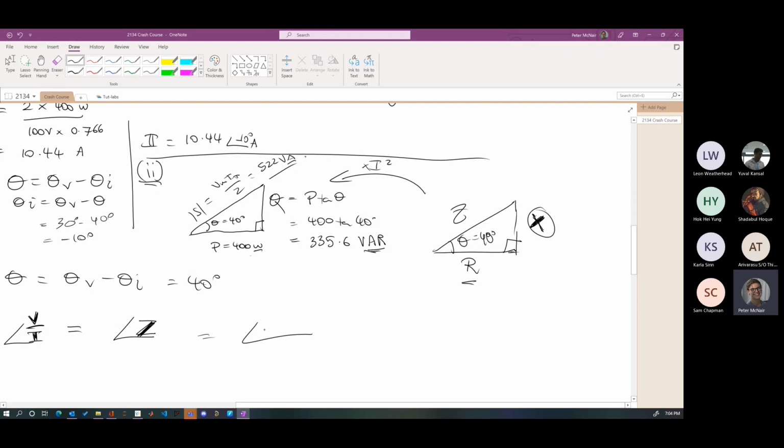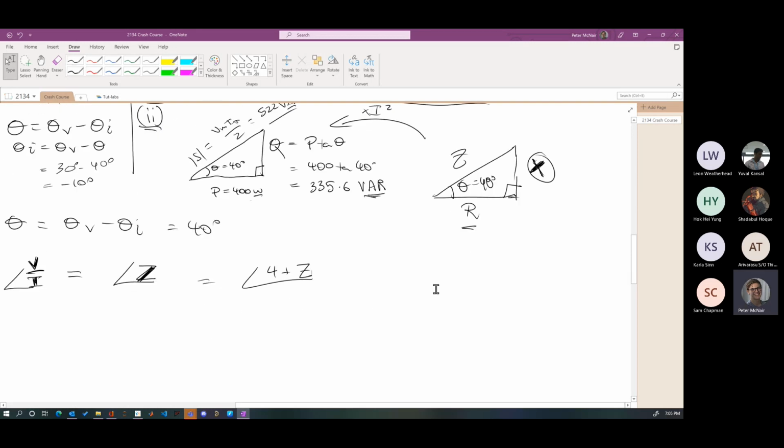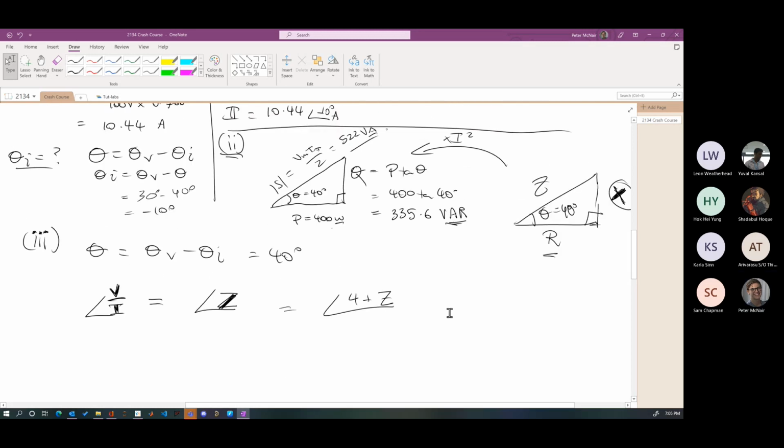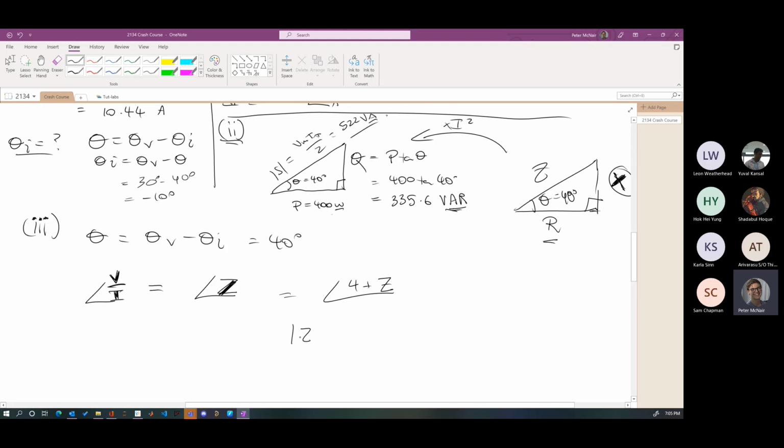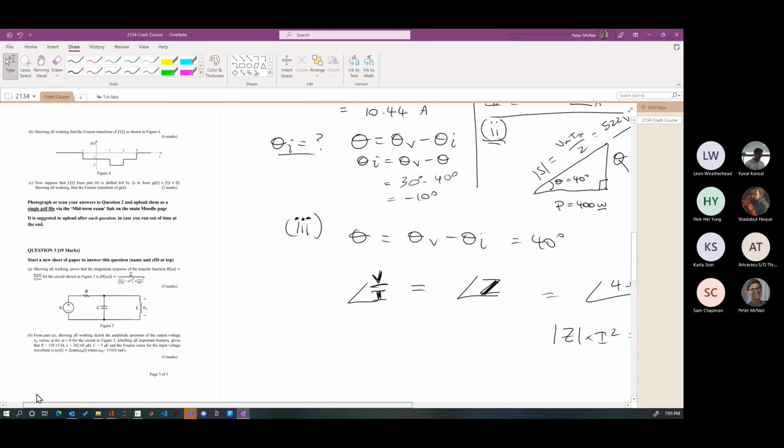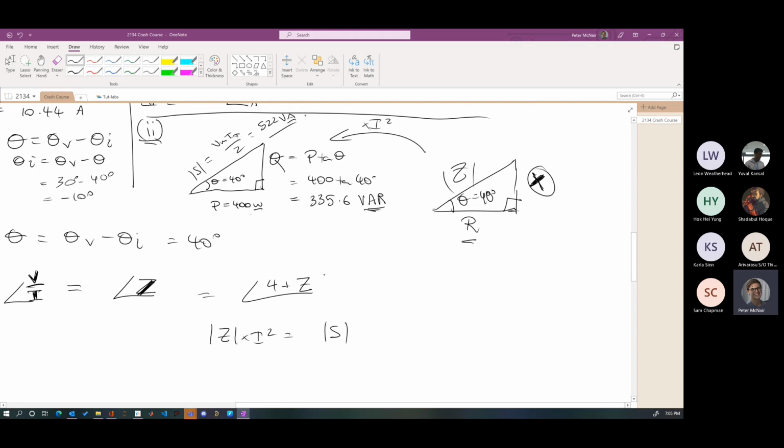So this is the angle of 4 plus, they call it Z. And to find the magnitude of this value, essentially we can do magnitude of Z times I squared is equal to our magnitude of S. So there we go, magnitude of Z. So it's a bit confusing calling this Z. So let's call this ZL.